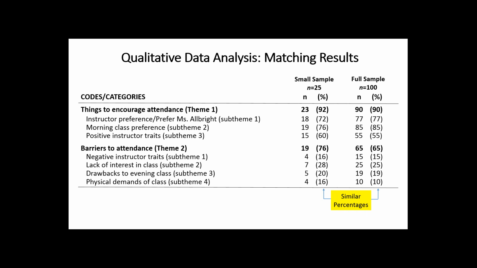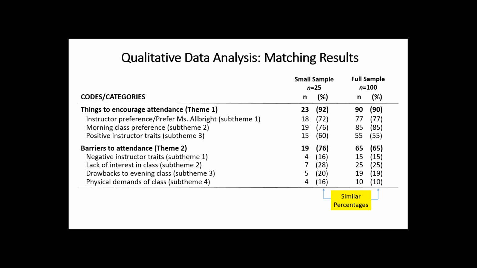So it does suggest that saturation and redundancy was seen earlier, and also for the barriers. For the small sample, 19 people, which was 76%, mentioned some kind of barrier. And for the full sample, it was 65%, so about a 10% difference.